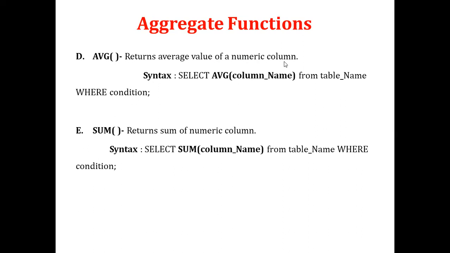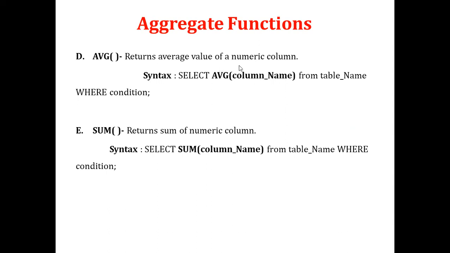You cannot use the average function on an alphabetical column. For example, if in your table there is a column or field which gives the first name or the city name, then on that you cannot calculate the average value, and you won't get a satisfactory result, you will get an error.